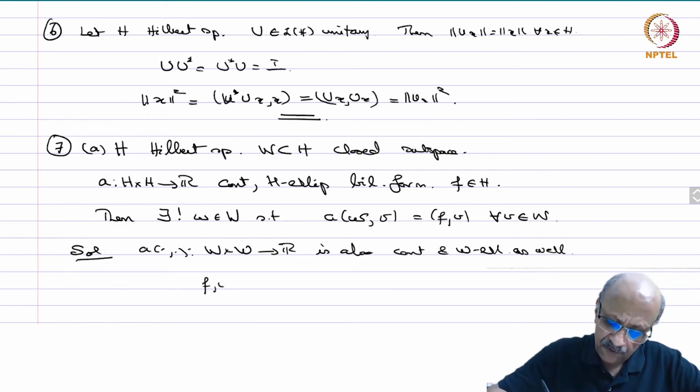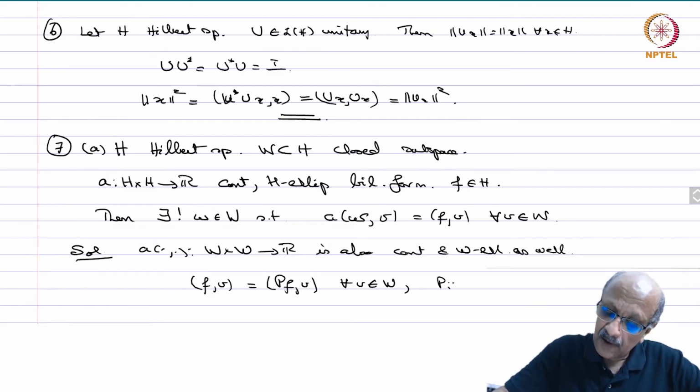Now if you took F(v), this is equal to PF(v) for every v in W, where P from H to W is the orthogonal projection.